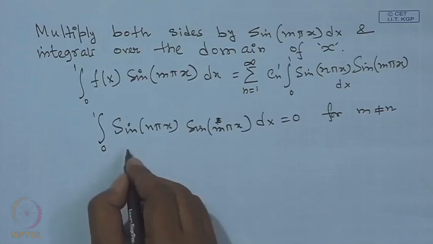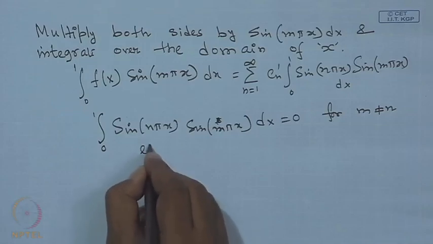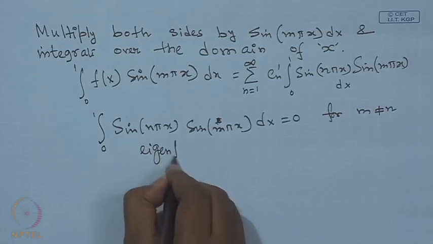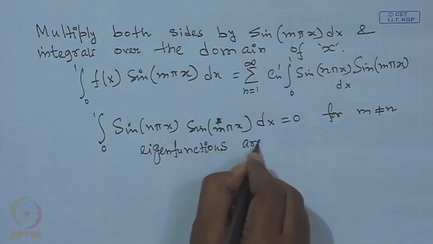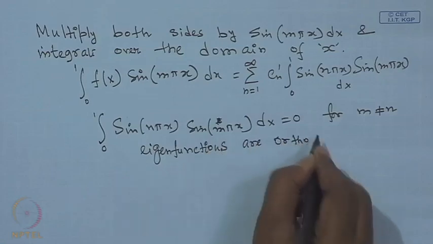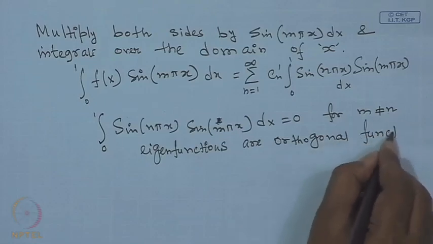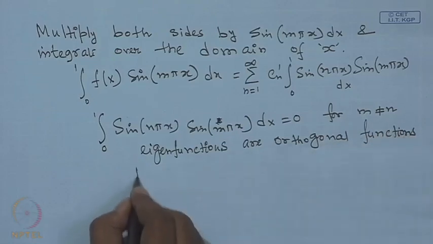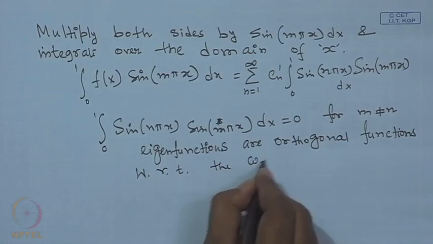This is the property that we have already looked into, that the eigen functions are orthogonal functions with respect to the weight function r.